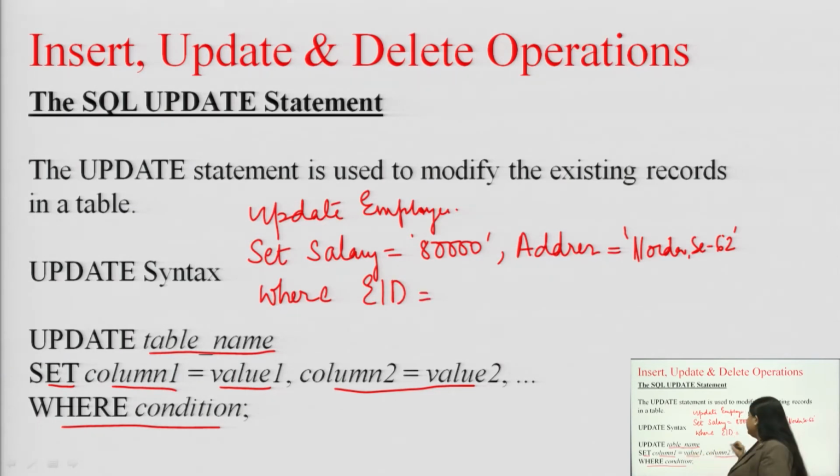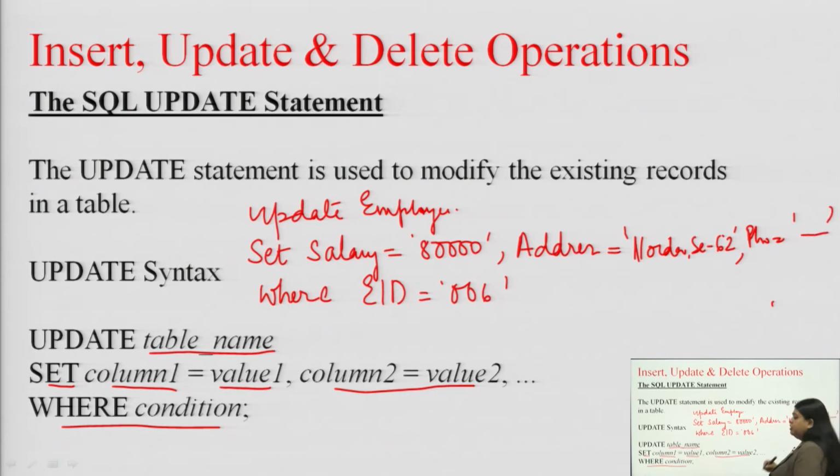We took 006. So, we are going to take the same value 006, right. So, we can make multiple updations also, we can change his telephone number also. So, we can say the phone number is equal to some value. So, we can make multiple updations using the same statement, right.